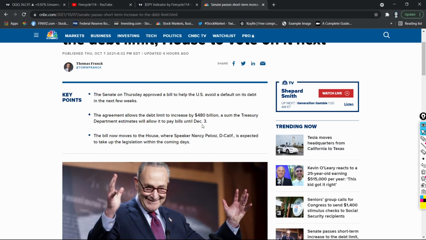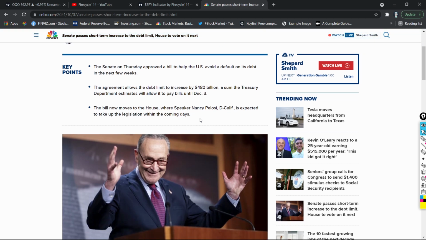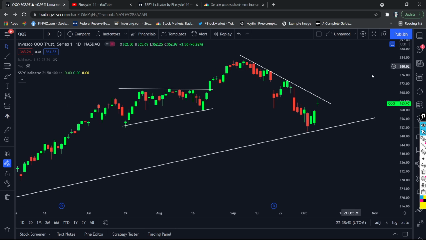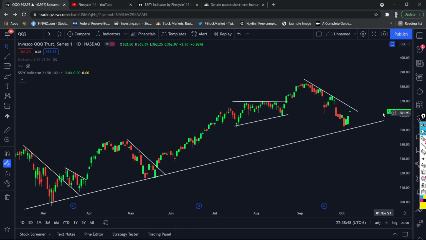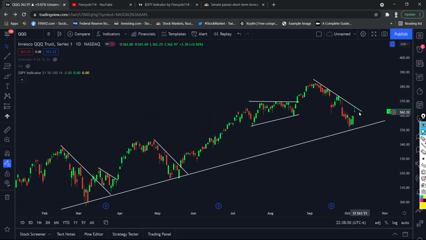As you can see, they delayed it to December 3rd, which personally I'm not liking, because I wanted to get over it and not worry about it later, especially with the Christmas rally. We've just pushed it back to December 3rd, so it'll be a problem later on. Expect some kind of uncertainty then.